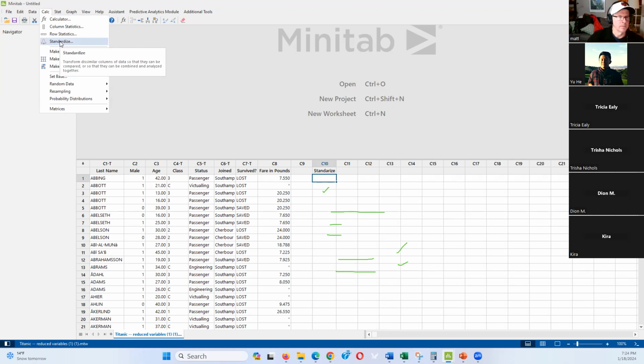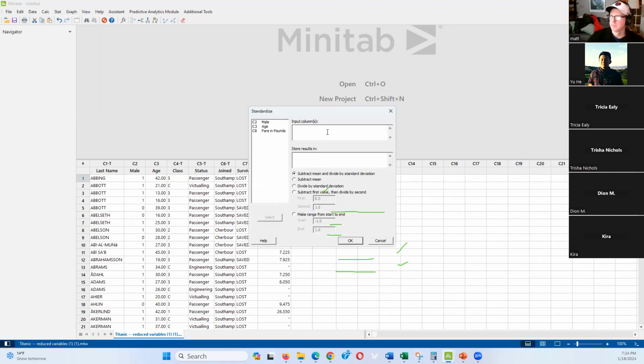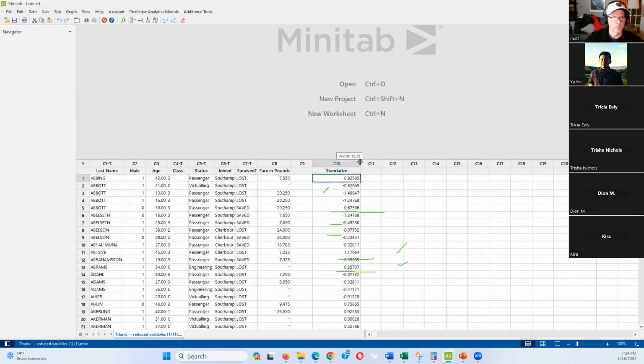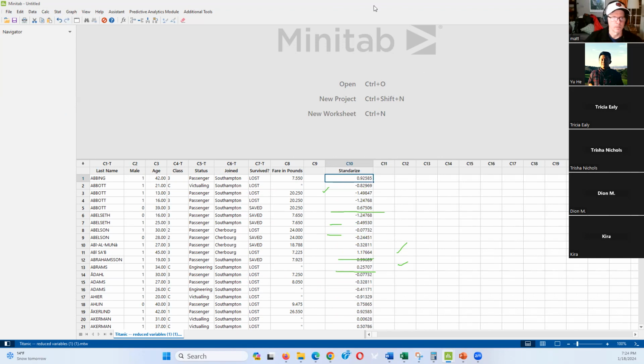Here under calculate, you can find standardize, and you take the input column and store results in C10. And now, if you can see, this is a standardized value, means it is a plus or minus value. Why? Because the mean is 0 and the standard deviation is always 1 for this data.